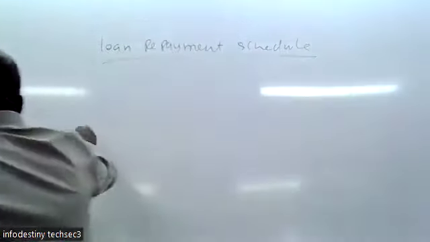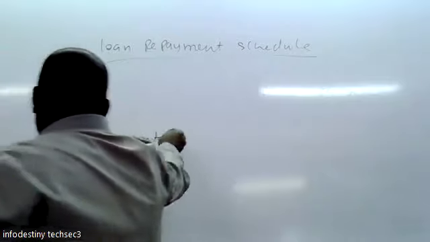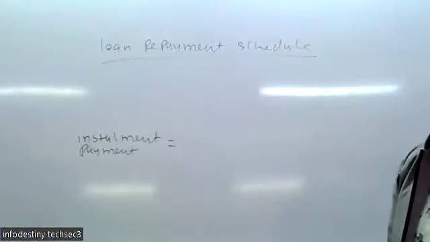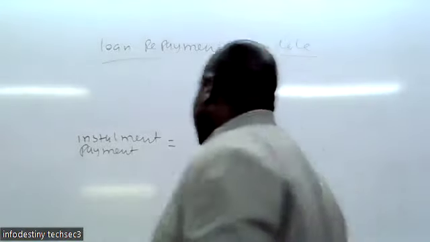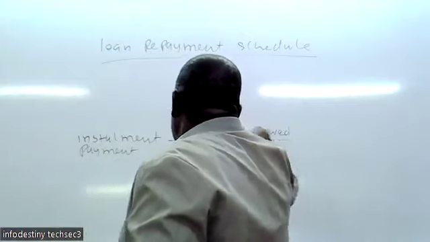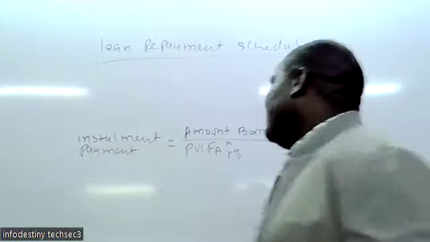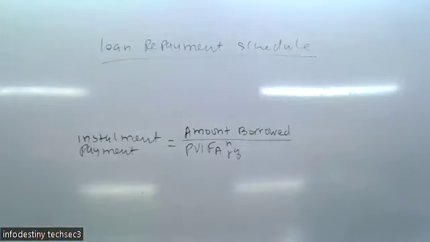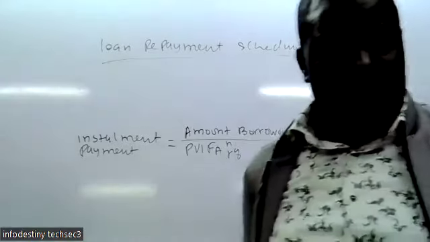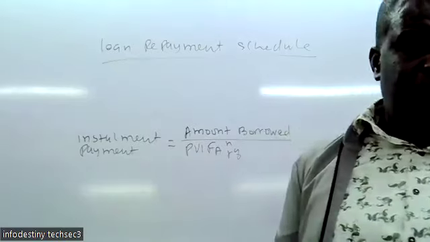So, installment payment. To calculate the installment payment will be given by amount borrowed, we divide by present value interest factor of the annuity at R% in period N. Then another paragraph is that the installment payment has two components.